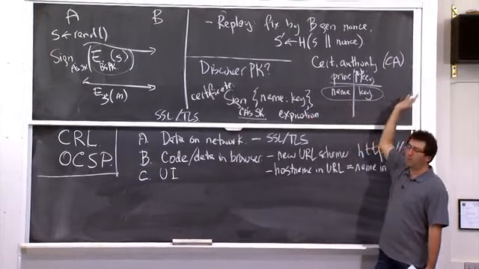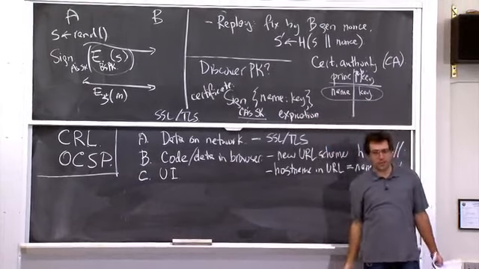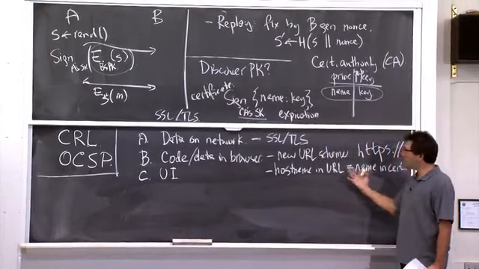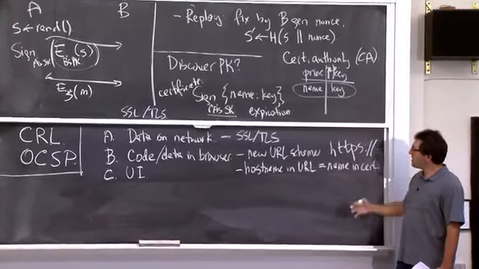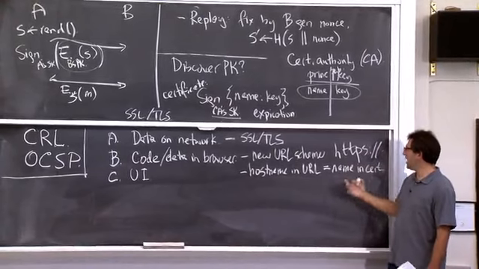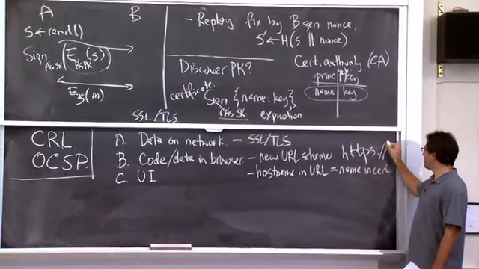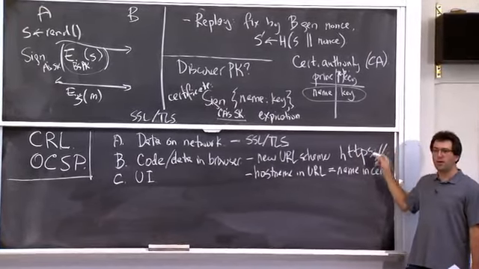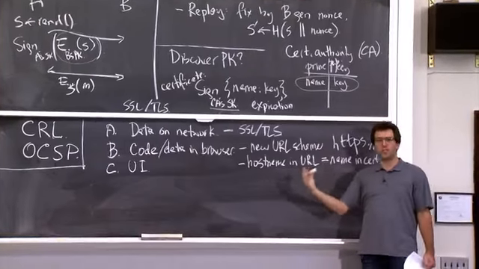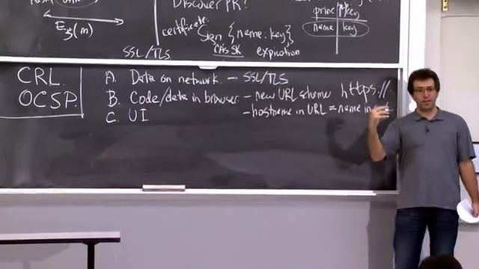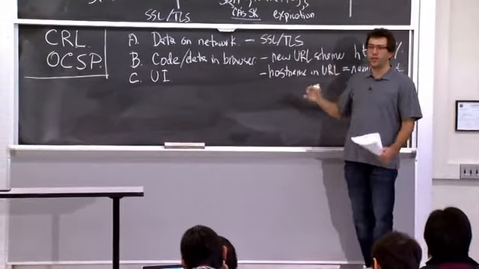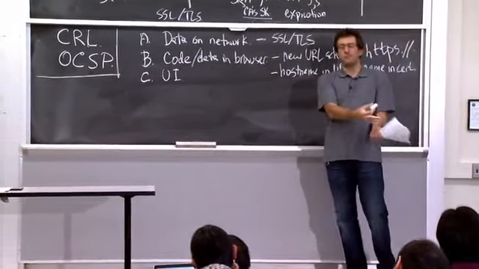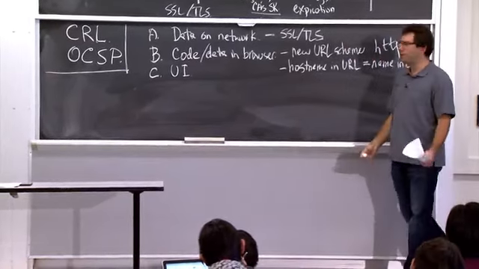That's the name, and then whatever the public key corresponding to their secret key is. And this is what the browser is going to look for. So if it tries to connect to https://foo.com, it better be the case that the server presents a certificate for foo.com exactly. Otherwise, we'll say, well, we tried to connect to one guy, but we actually got another guy. That's a different name in the certificate than the one we connected to.